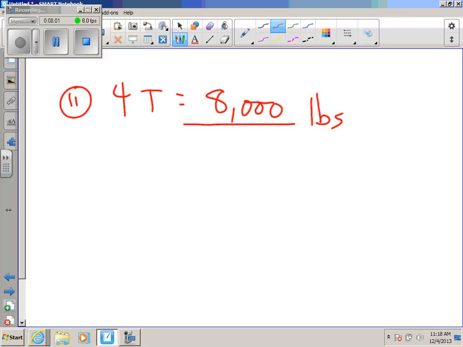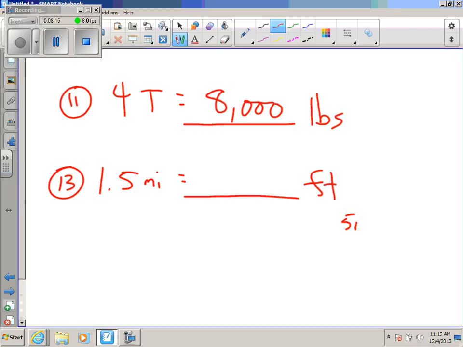Number 13, 1.5 miles equals how many feet? Now we should know how many feet are in a mile. Okay, 5,280 feet equal 1 mile. So if I'm going from miles to feet, I'm still going to be doing what operation? Multiply, I'm going down.